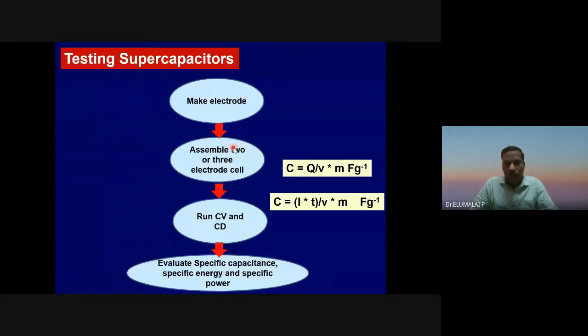I'm sure all the carbon materials, if they don't have any functional group, will show this kind of rectangular CV. It may not be a perfect rectangular, it may be elliptoid, but there will not be any peak. Whereas Faradaic material, redox material, battery materials will show something.